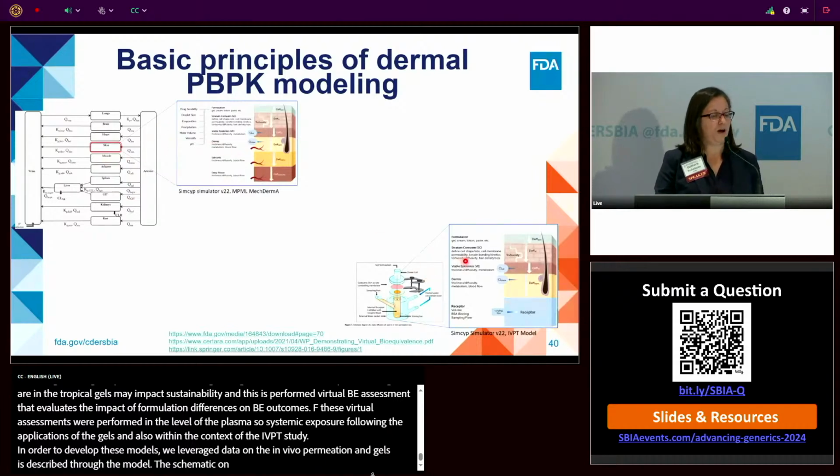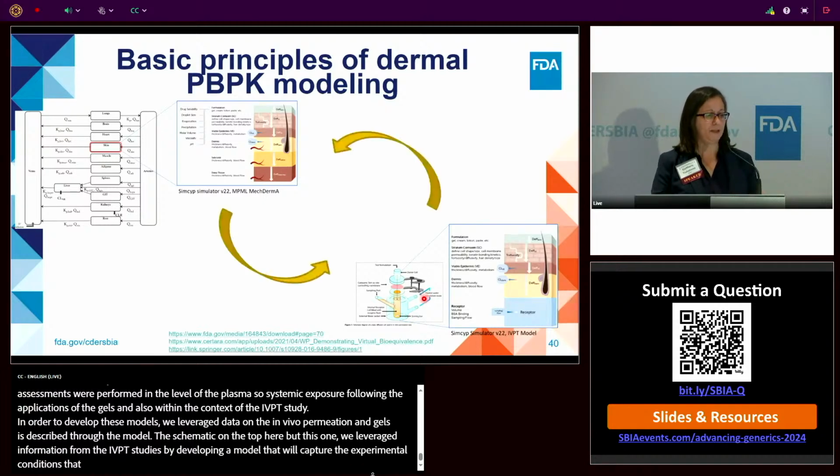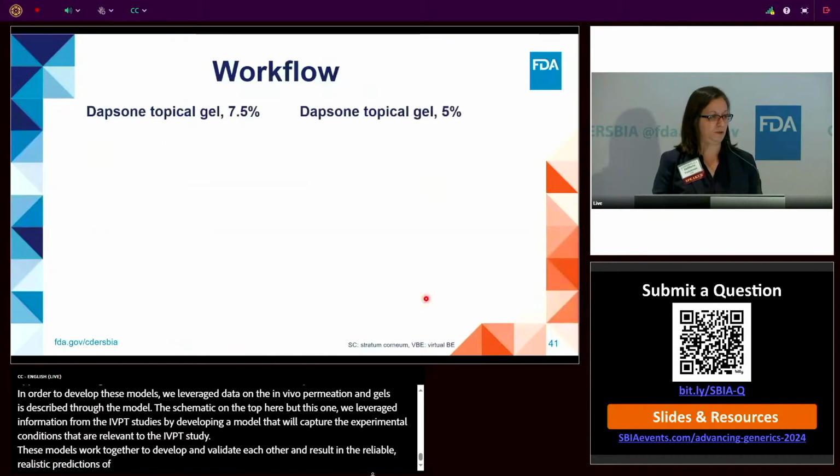But also, at the same time, we leveraged information from IVPT studies by developing an in silico IVPT model that really captured all the experimental conditions that are relevant to an IVPT study. These models work together to develop and validate each other and result in reliable, realistic predictions of dapsone permeation through the skin and absorption into the systemic circulation.